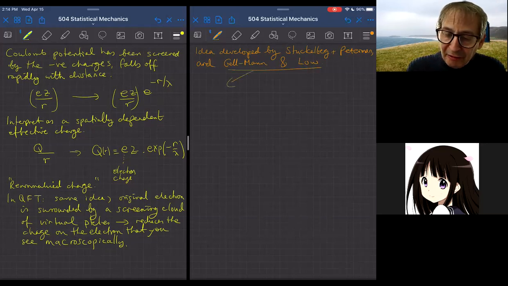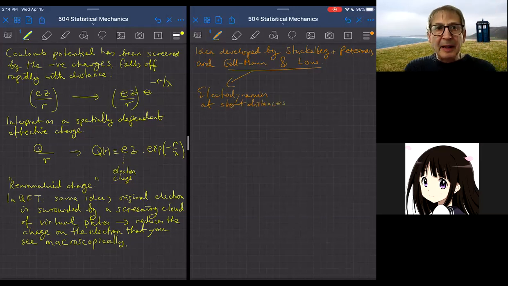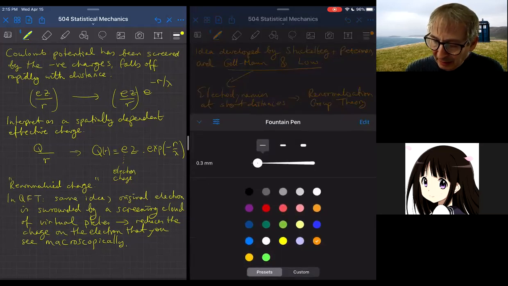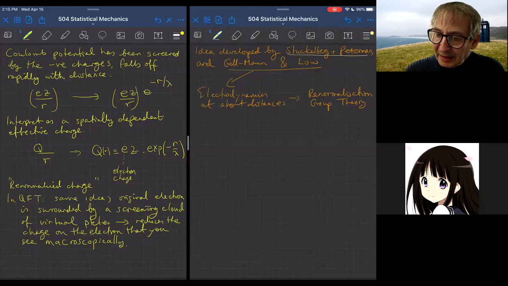It's called Electrodynamics at Short Distances. Actually, I don't remember the exact title. I think that's what it's called. It may be something more fancy than that. And this paper was really the start of renormalization group theory. So not just Gell-Mann and Low, but also Stuckelberg and Peterman, who did the same thing.